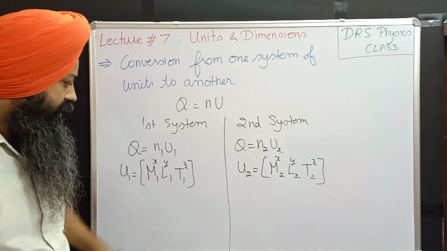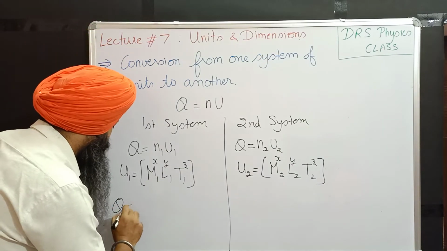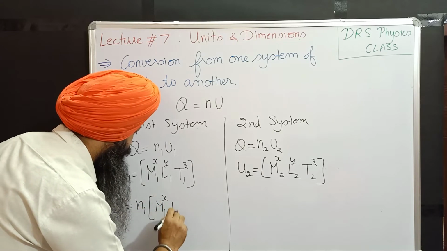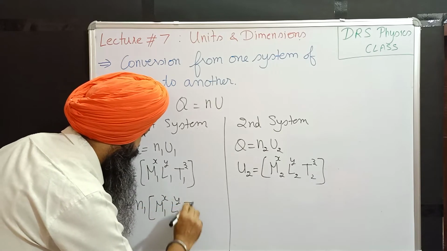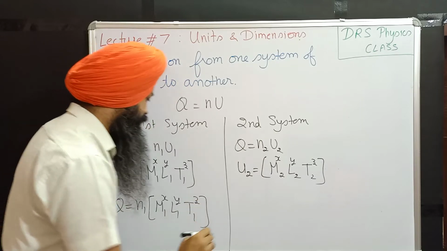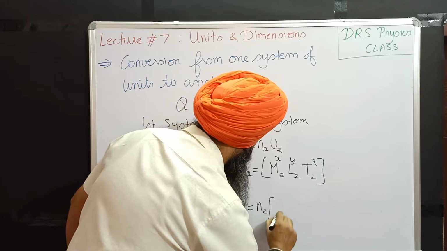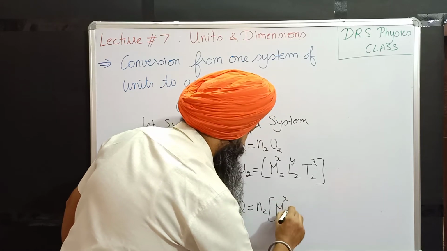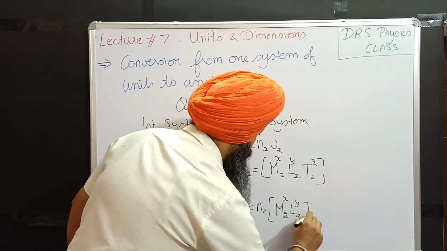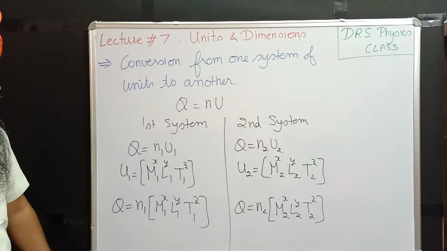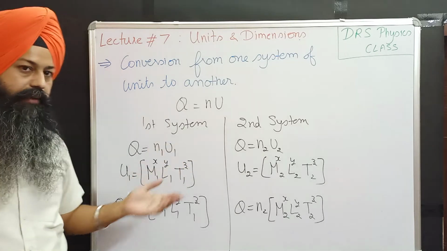What do we see? The value of the quantity is expressed in the first system as N1 M1^X L1^Y T1^Z. In the second system it is expressed as N2 M2^X L2^Y T2^Z. We know that this value is the same.